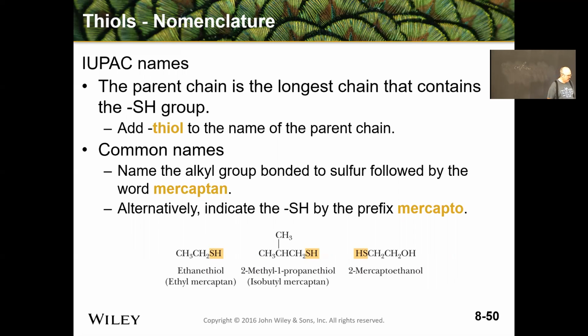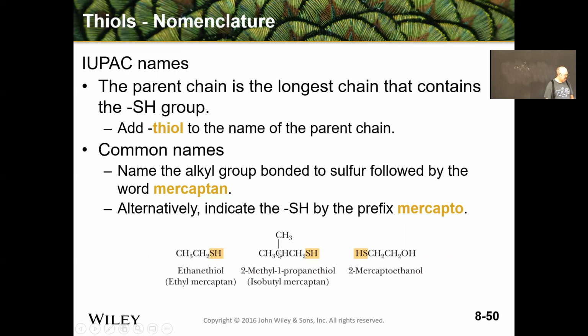The older name for thiols was mercaptan, which is a form of mercury capture. These groups will bind very tightly with mercury and other heavy metals. If the SH group is a substituent, then it's a mercapto.